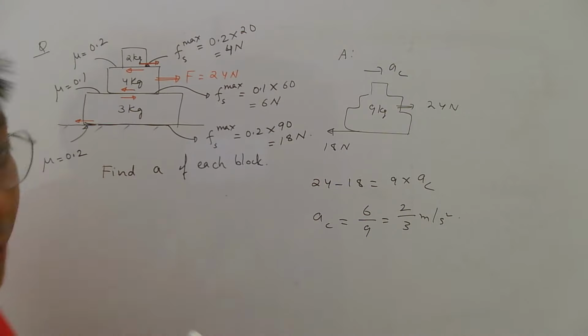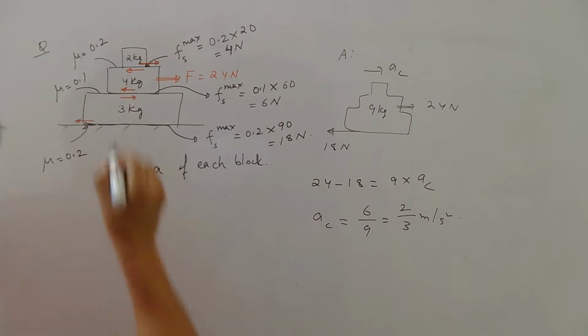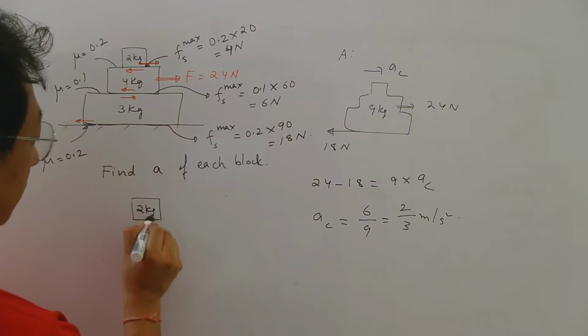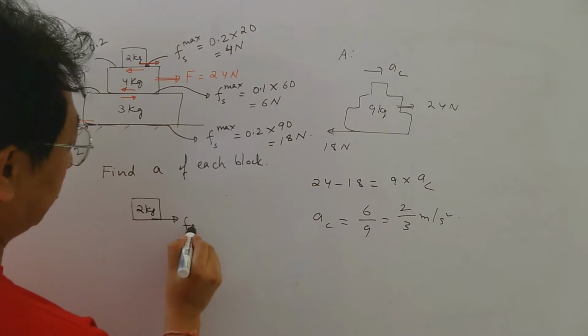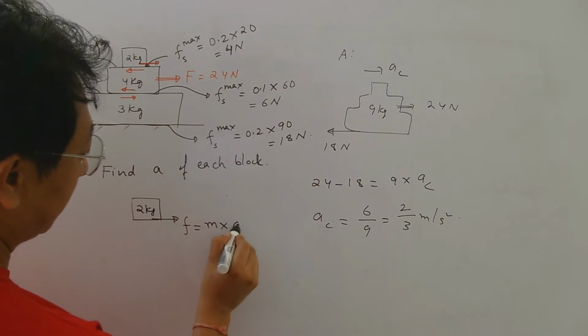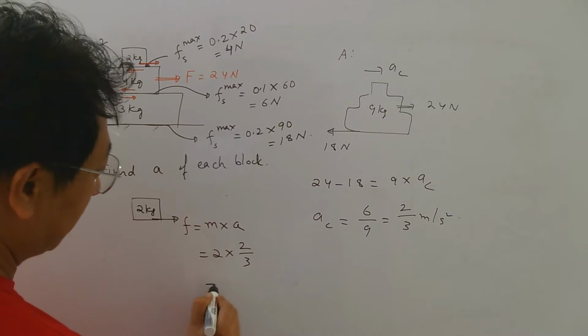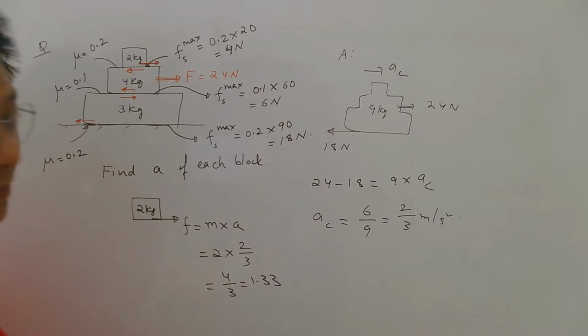So these are the arrows representing friction. Now if you look at the 2 kg block, the friction F has to provide the common acceleration, ma. M for this is 2, acceleration 2 by 3, so 4 by 3, which is 1.33.